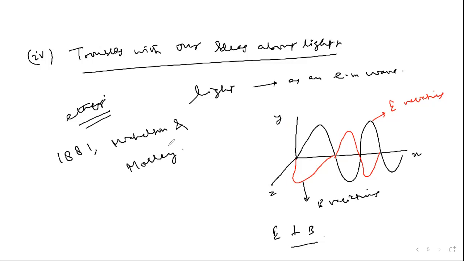Now, to their surprise, they found that within their small experimental error, the result was zero. More recent experiments with lasers have improved the precision of this result by many orders of magnitude, and the value remains consistent with zero.